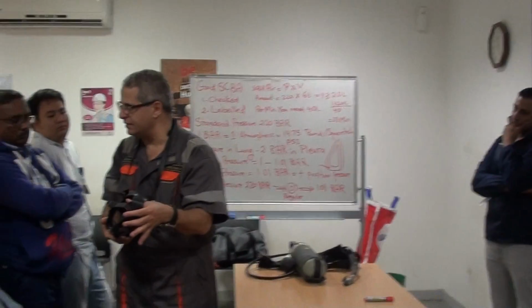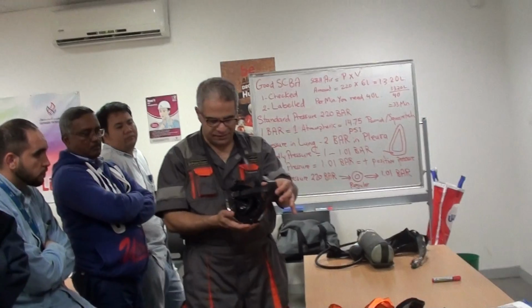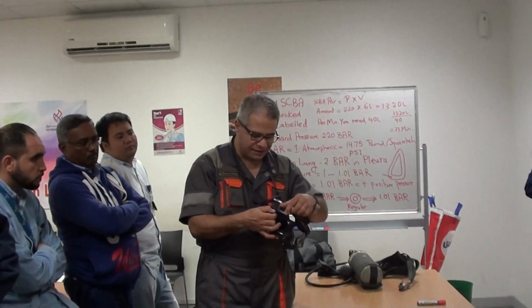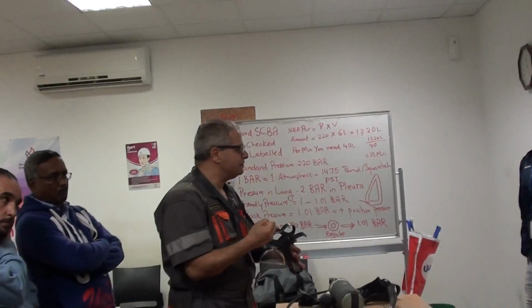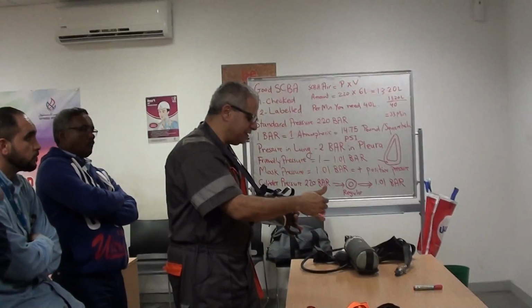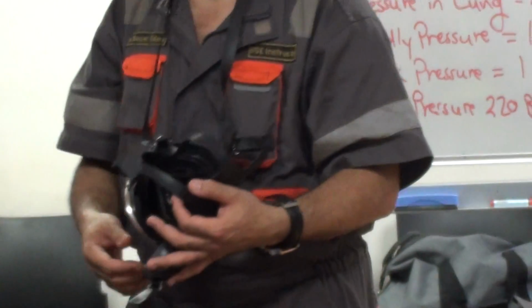Okay? Make sure that the straps for the mask are loosened, are elongated. If the strap is like this, and the square area is far away and redundant, it means it is tight.